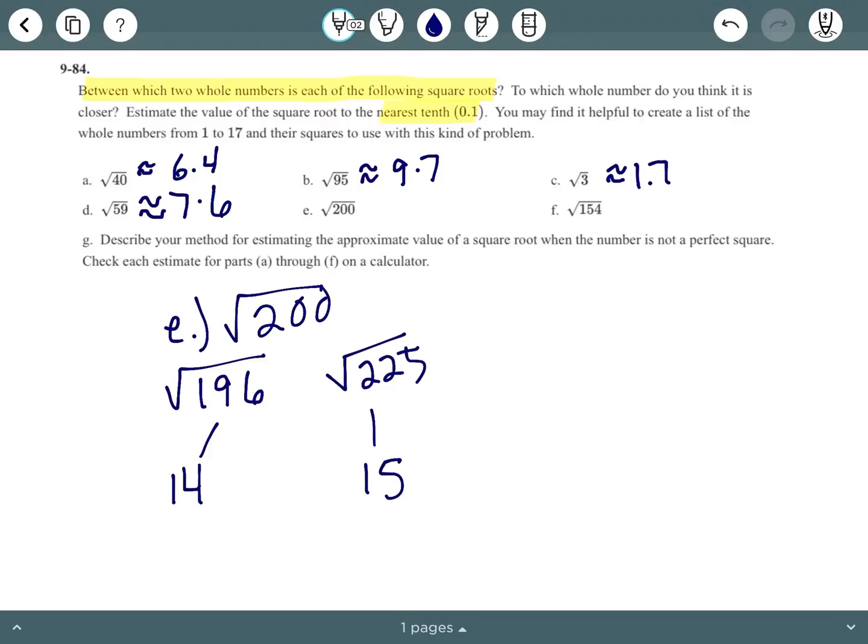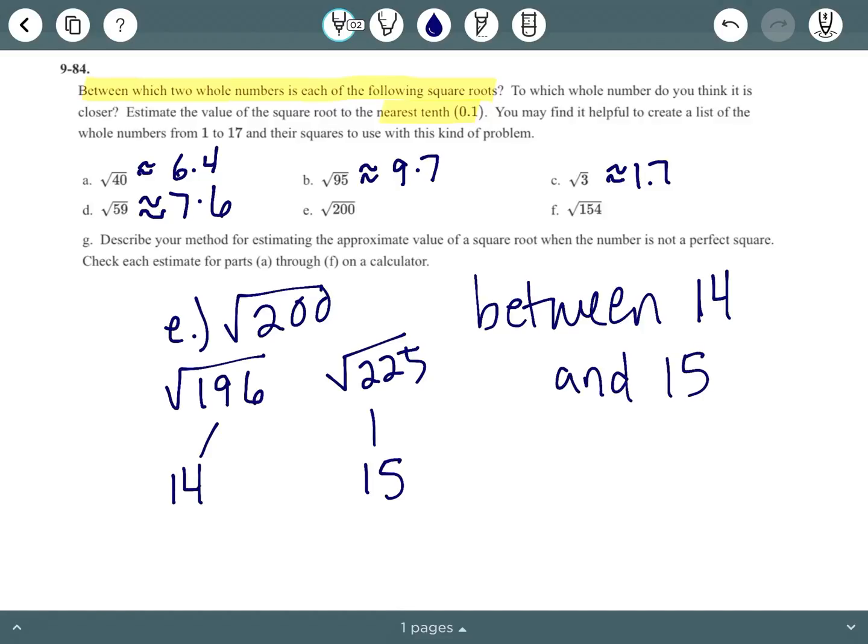So we know the whole numbers that it falls between are 14 and 15. Now notice the difference between 200 and 196 is only 4, whereas here we have a difference of 25 to 225.